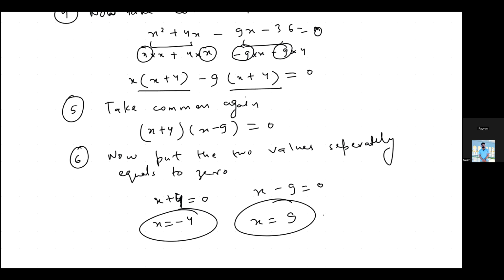Can you go back to step two? Step two. Yeah.